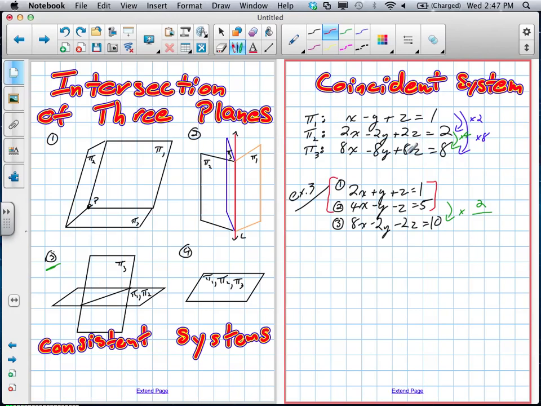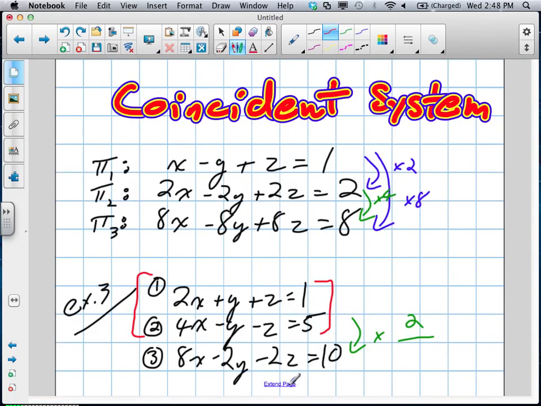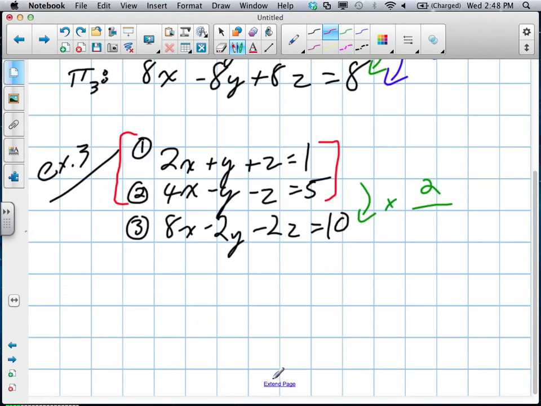Now we know we're going to get a line, so one of these is going to have to end up being a parameter, but we still do need to make another equation out of it. So we're going to jump back to this. In order to eliminate, I'm going to multiply the first equation by -2.